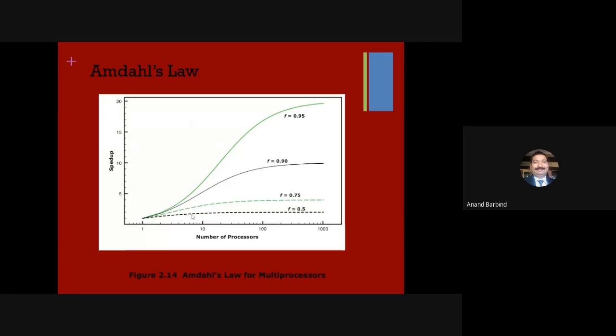In that case, even if you go on increasing the number of processors, it is not going to increase the speed of execution much; it is just slightly increasing. So what is required is that the programmer should take care that the program written is such that it can be executed in parallel.